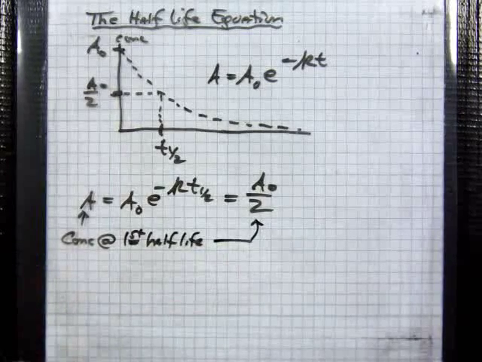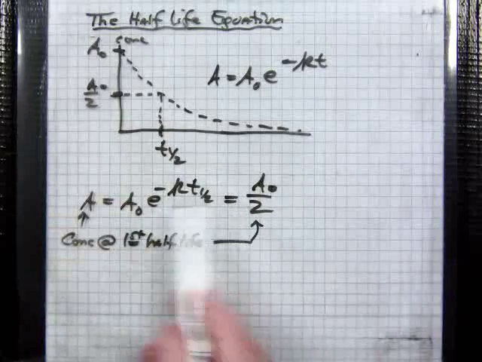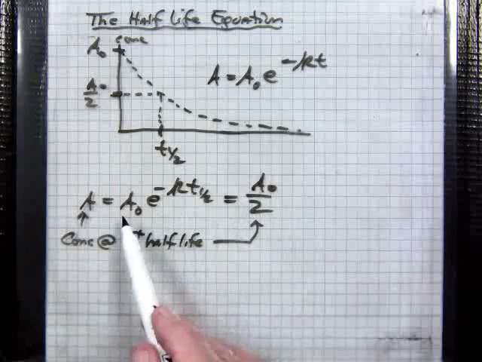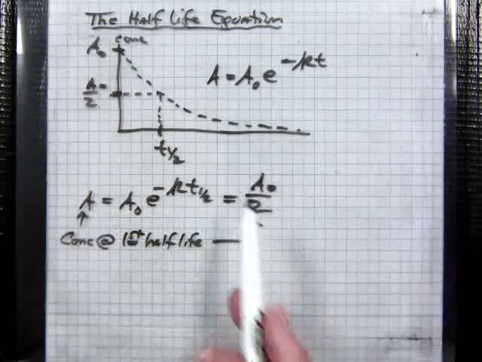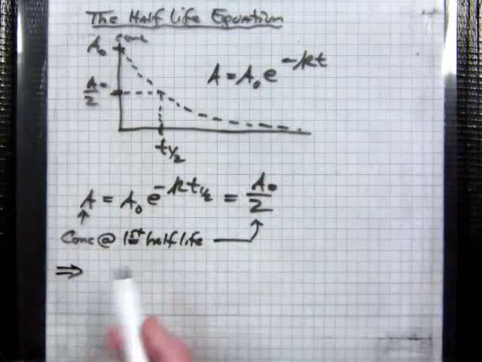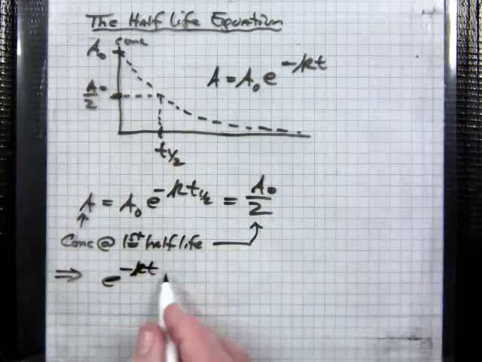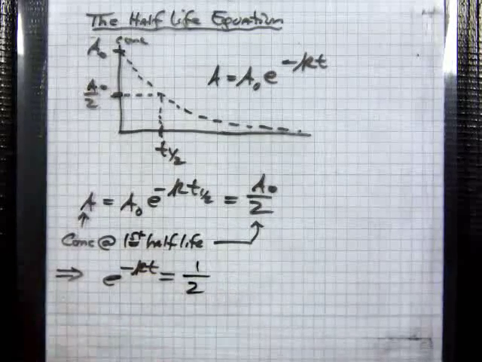Right there. So if we take the second part of this expression, A naught e to the minus kt to the 1/2 equals A naught over 2, we see we can divide both sides by A naught. And so we get the expression e to the minus kt to the 1/2 equals 1 over 2, or 1/2.